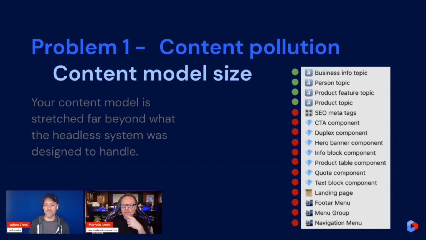Or if I send it to any other system, the CTA component or duplex component or whatever, does it mean anything? No, it means nothing. They don't need it. So then that pollutes that content type, right? Because you're putting stuff that only belongs in one place. And then one day, I mean, it's not going to happen, but let's say we don't have the website anymore. SEO means nothing. You don't need it anymore. Whereas that's not the core of the content, right? Yep, exactly.